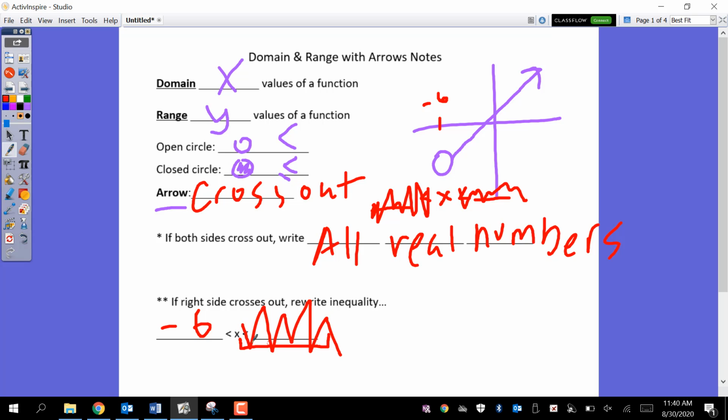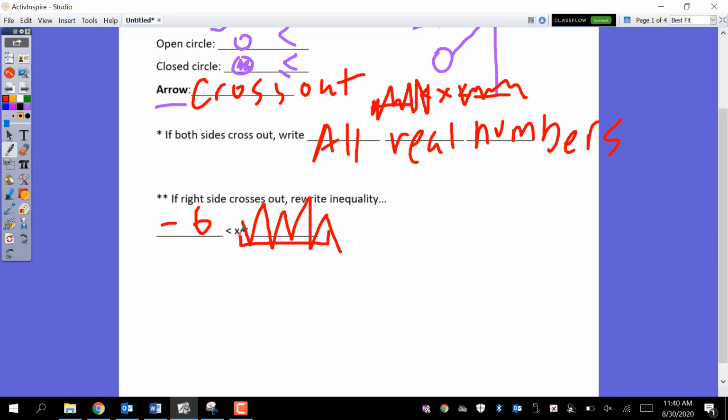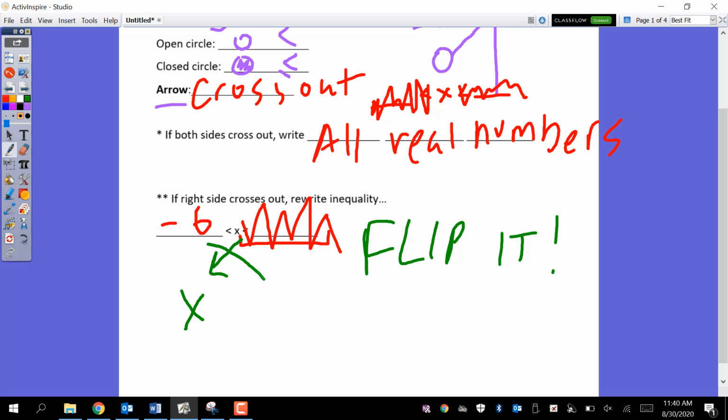If that gets crossed off, you need to rewrite it, because the STAR test does not like when the number comes before the letter. We want to say the domain, the x numbers, are either less or greater than this number. So you're going to flip it: you write the letter first and the number second. Since you changed the order of the letters and numbers, you also need to flip the symbol in the middle.